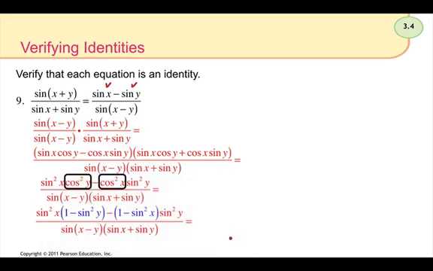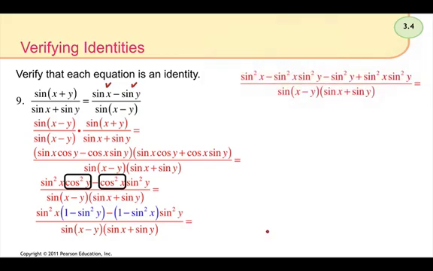And this is what I get. From here, I'm going to apply the distributive property. And this is what I get. The reason why I did that, you're going to see in just a bit. Notice that this and this cancel out, and all you're left with is sine squared x minus sine squared y. That's why we did this.